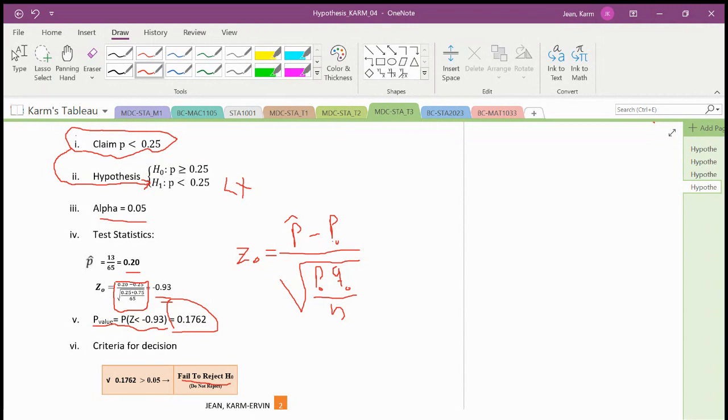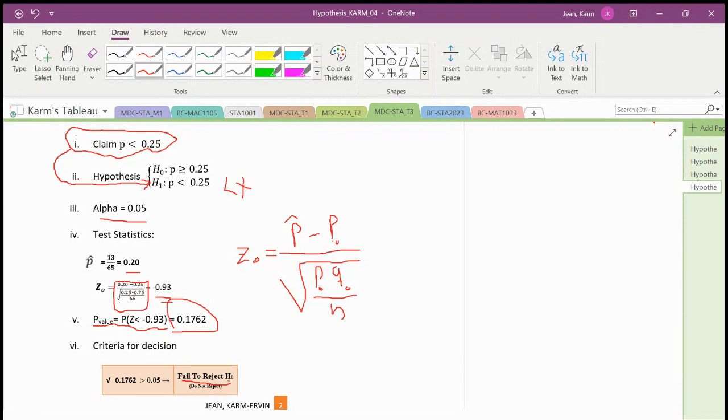Okay, Veronica says we have enough evidence to support the claim, because the claim is with H1, and then we fail to reject H0. Remember that we say the claim is with H1, but we fail to reject H0.